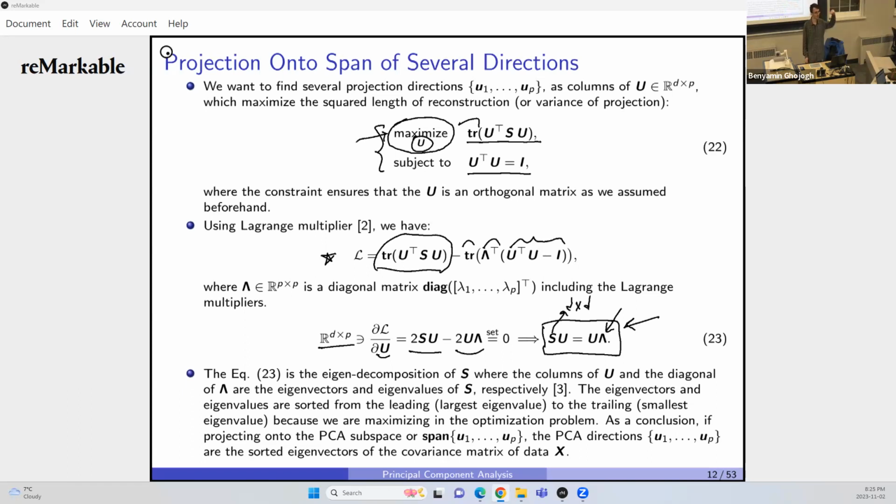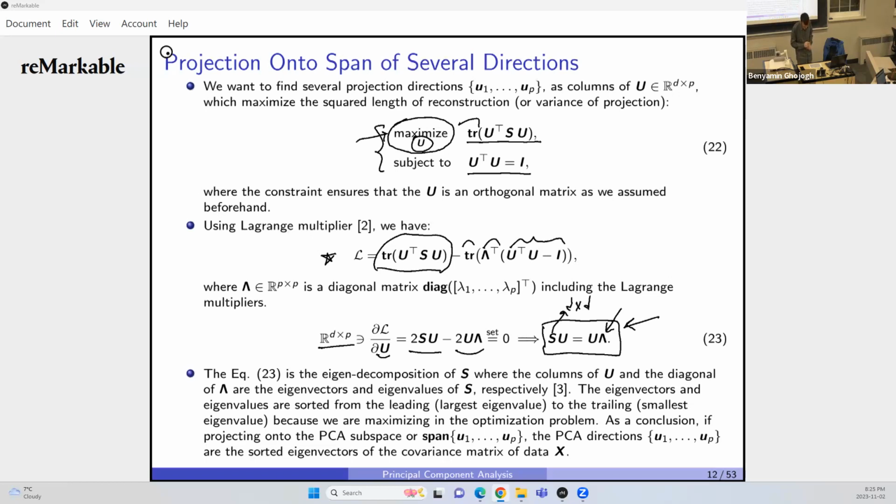But this is maximization, so the sort is descending. And we sort the eigenvectors corresponding to the sorted eigenvalues, right? Then we can truncate. So you need to sort first and then truncate. What do I mean by truncation? Remove the least important eigenvectors with the smallest eigenvalues, right?